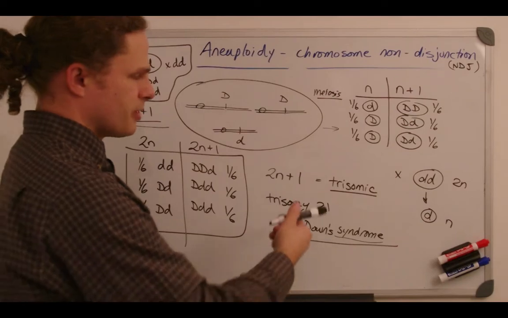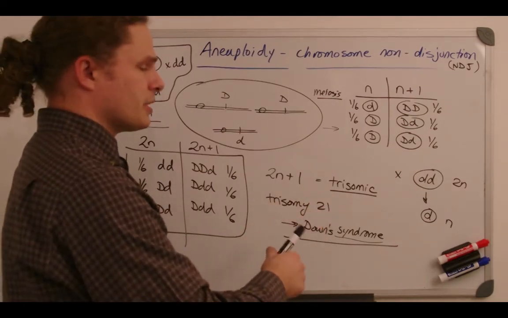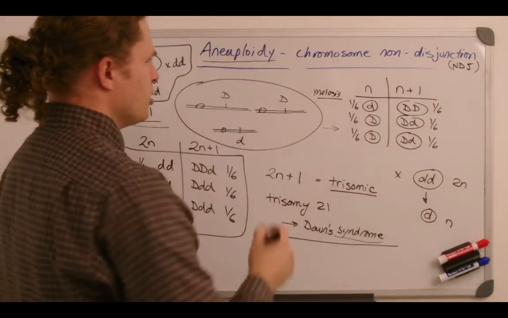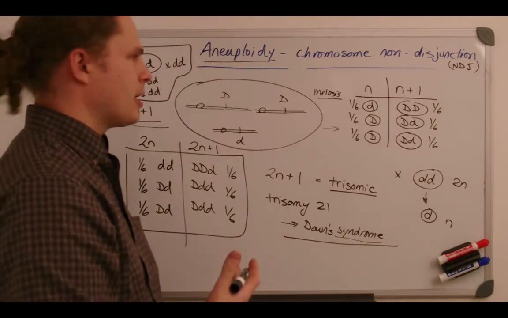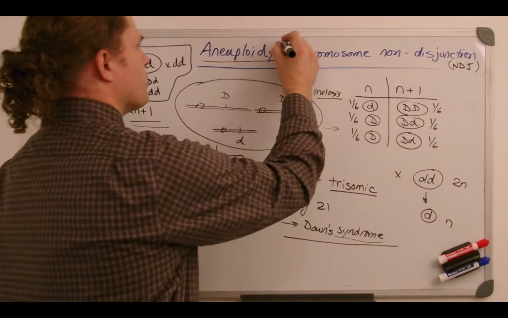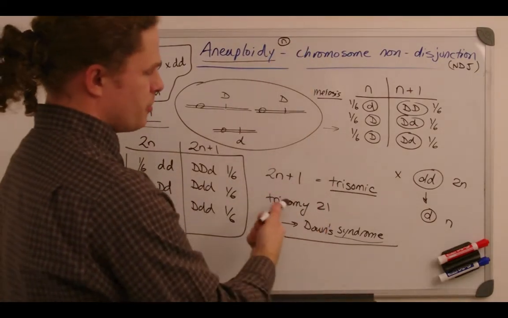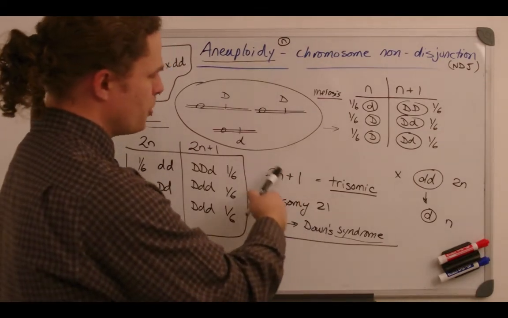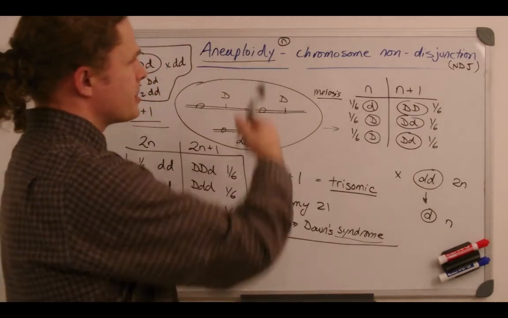Sometimes extra copies of a different chromosome, or sometimes even loss of a chromosome, can result in a state that is viable, and it is something that is an aneuploid. Aneuploid simply means something that's less than a perfect multiple of the haploid number. So something that is not a perfect multiple of n. So in the case of a trisomy, it's not a perfect multiple of n because it's 2n plus 1. There are some other chromosome aneuploidies that we'll discuss in the next segment.